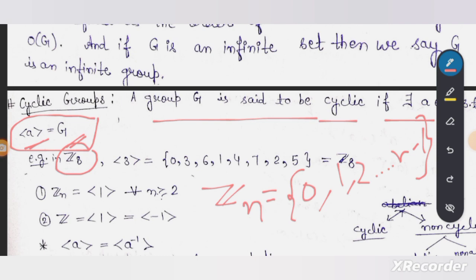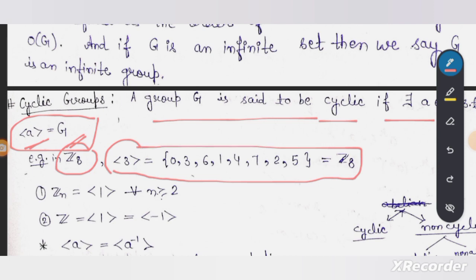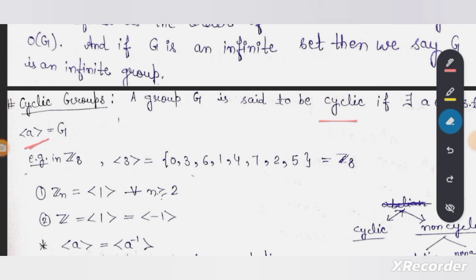So in Z8 we have the elements 0, 1, 2 up to 7. Here we are saying that the set generated by 3 is equal to Z8. How is it? Let me show you.